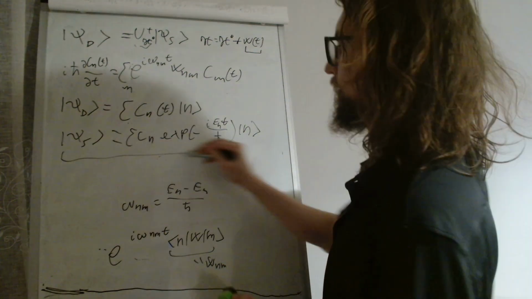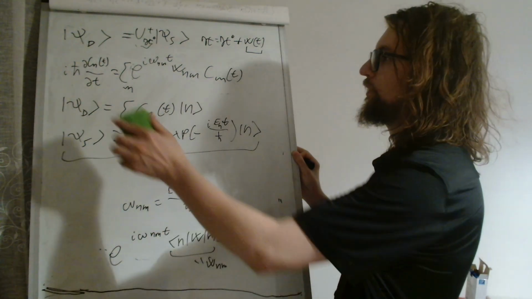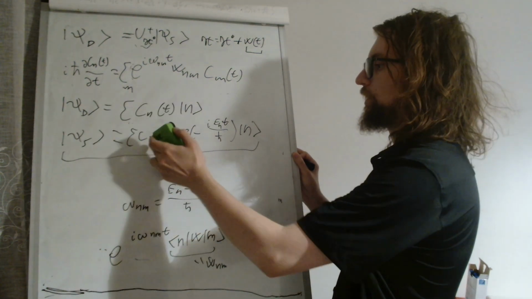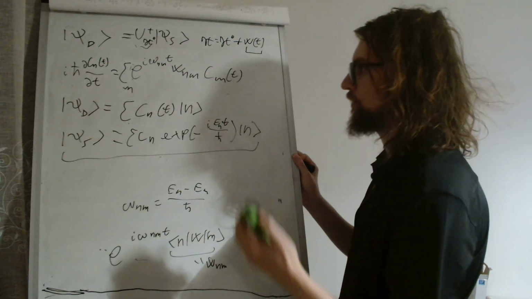So this is our solution in the Schroedinger picture, and the coefficients Cn will obey this equation.